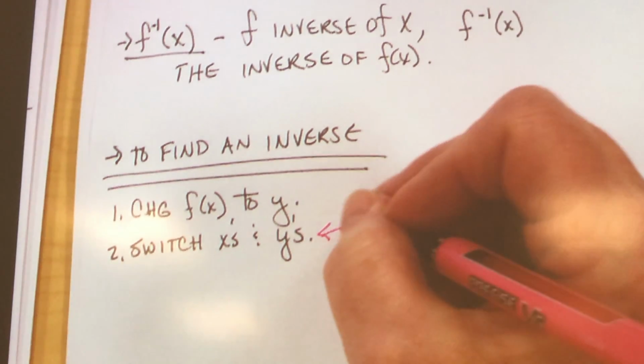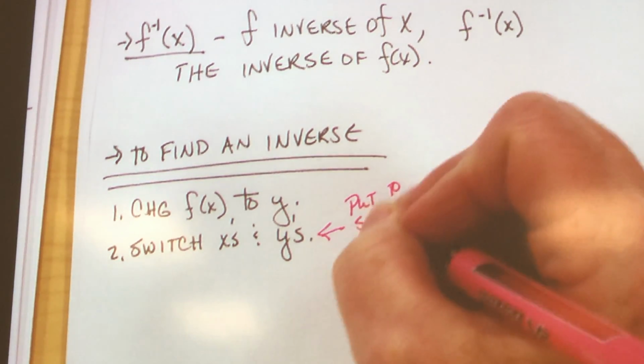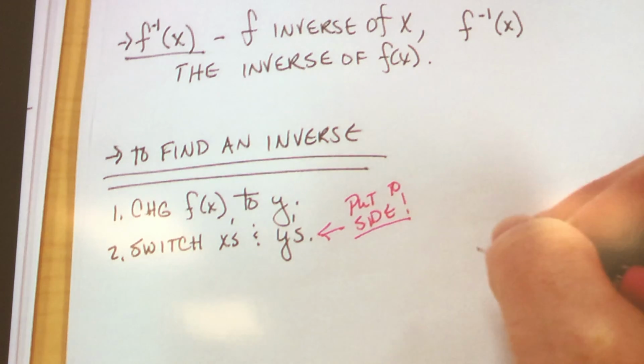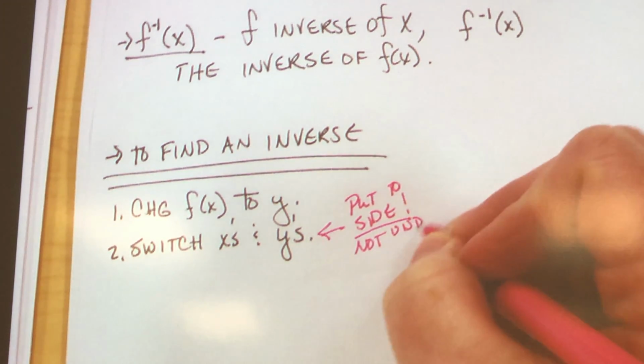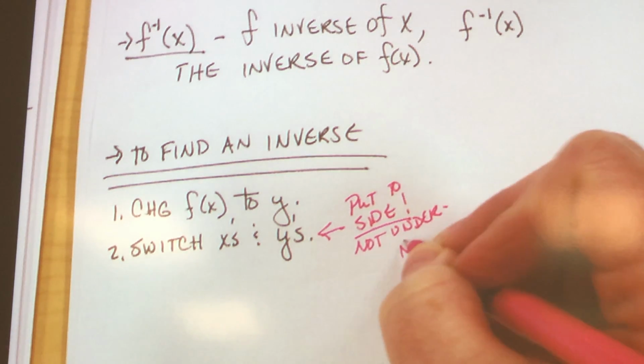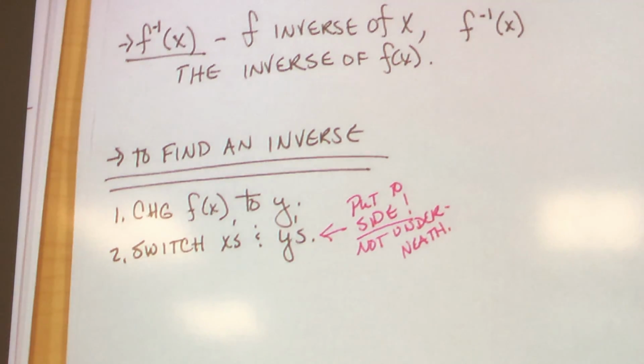This you're going to put to the side. You're not going to put it underneath. I'll show you, and you'll understand. But when you put it underneath, then if a person's looking at your paper, they think that you're just working a problem down the paper. And they're like, whoa, wait, what happened all of a sudden? So we're not gonna do that.